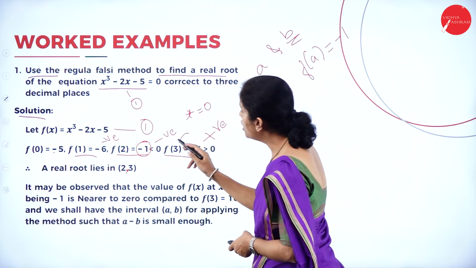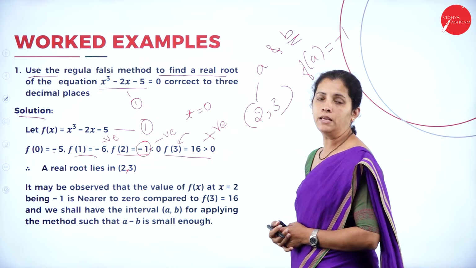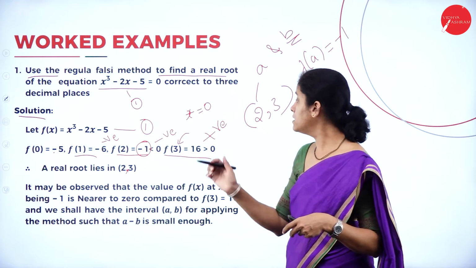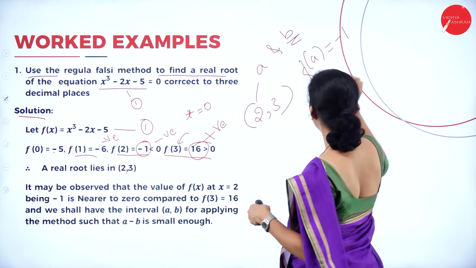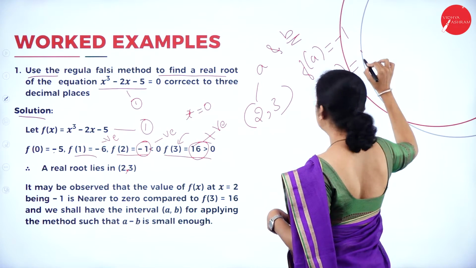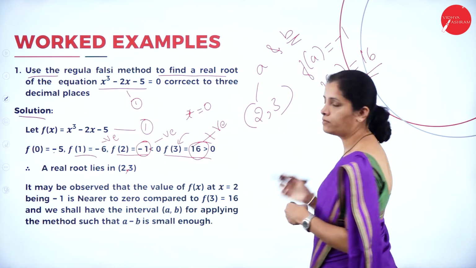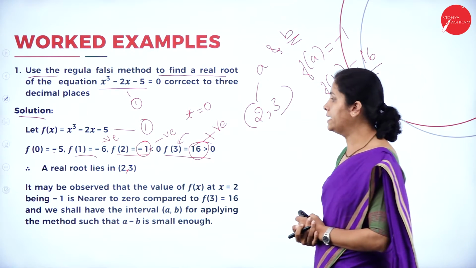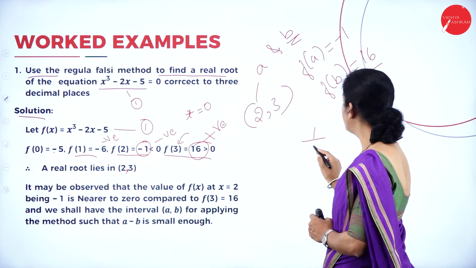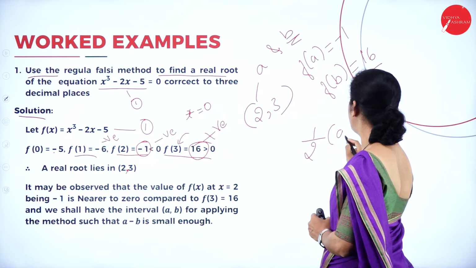When I got the positive value, this is my f of B, which is 16.